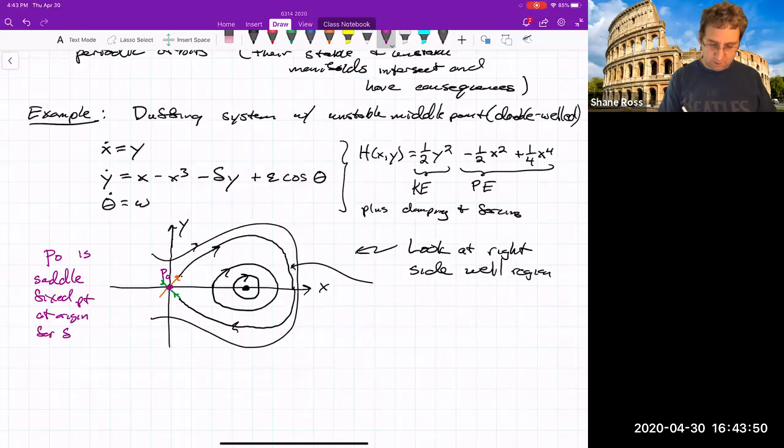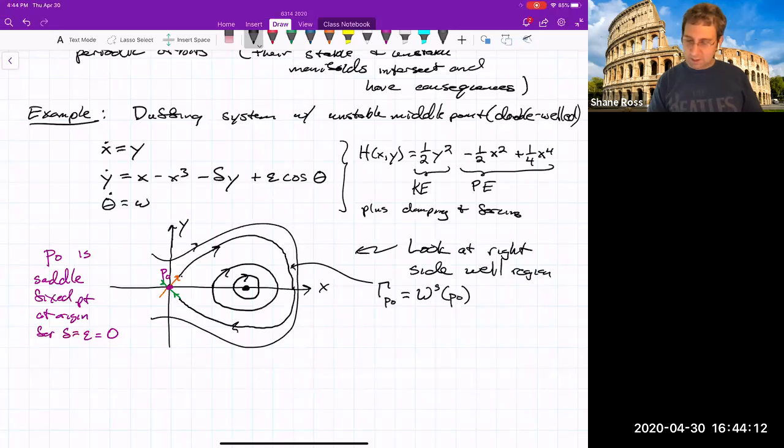This is for delta and epsilon equal to 0, no forcing, no damping. This curve, made up of the combination of the stable and unstable manifolds, I will call capital gamma P0. It is the stable intersected with the unstable, because they're actually the same thing, so it's just the same curve.